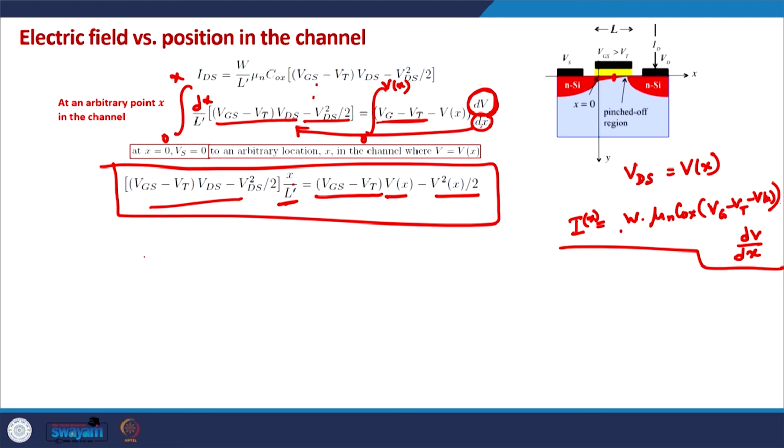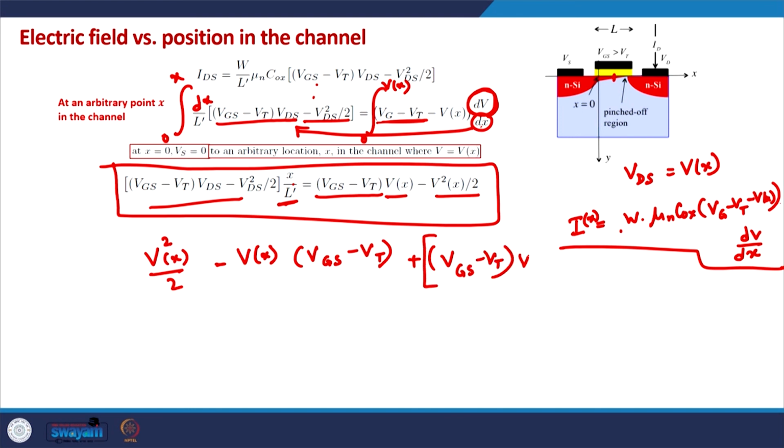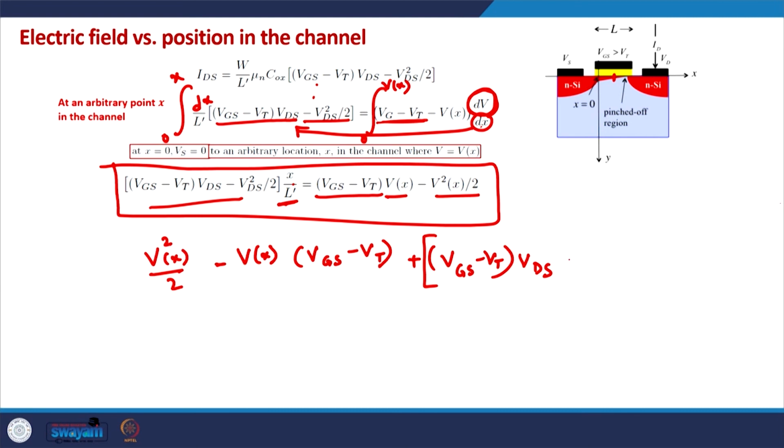So it is a quadratic equation, Vx square by 2 minus Vx times Vgs minus Vt plus Vgs minus Vt times Vds minus Vds square by 2 times x by L prime equals 0. So this becomes an equation like this: ax square plus bx plus c is equal to 0.